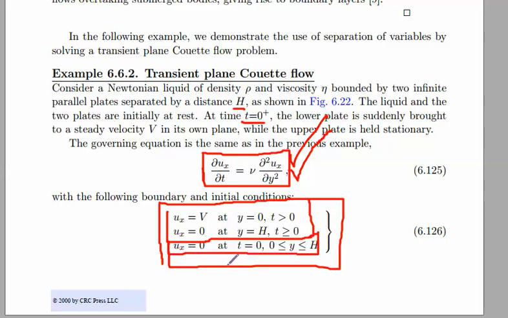By initial you mean that you start from the initial position where t is 0. So this is exactly the initial condition, and these are the boundary conditions for the above transient Couette flow, and this is the heat equation.